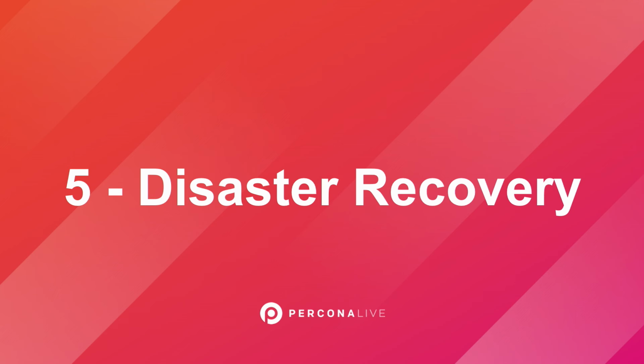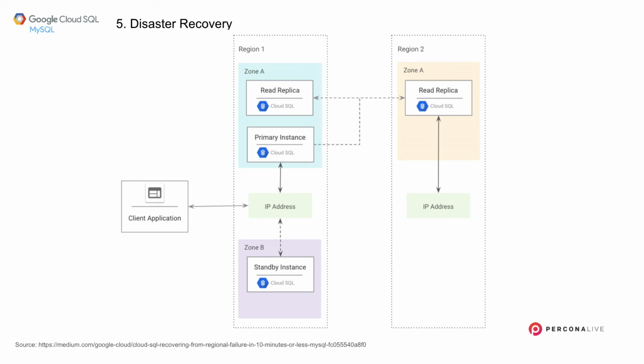All right. Looking at disaster recovery, what I mean by disaster recovery is what happens when you lose an entire data center. There is no simple and good answer for that in Google Cloud SQL, unfortunately, because there is a lot of manual work to do this failover in such a scenario. All you can do is have a regional replica, which is an asynchronous replica in another region.